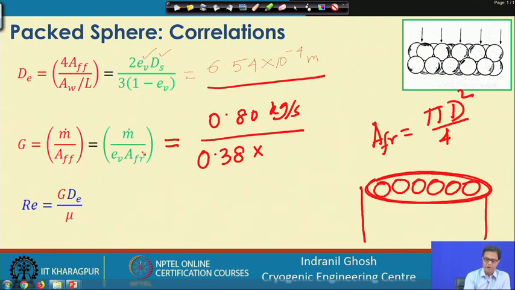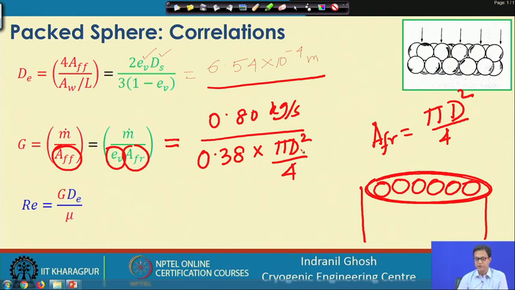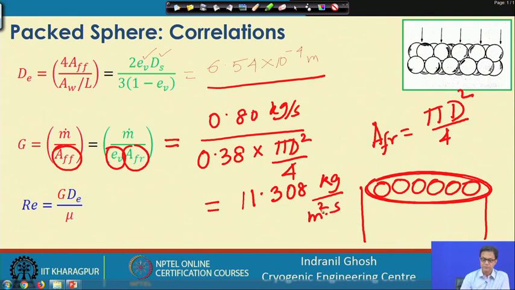If we now calculate the free flow area, it is this frontal area multiplied by the porosity. We have been given this internal diameter, and if we put this value, G will become 11.308 kg per meter square per second. So, this is the G value.